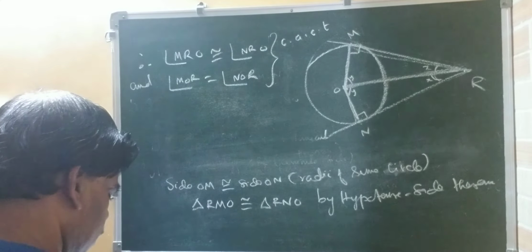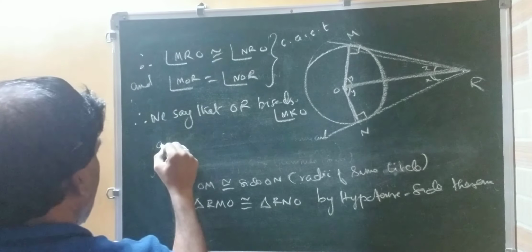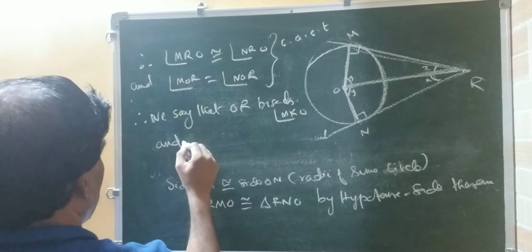Therefore, we say that OR bisects angle MRN, and OR bisects angle MON.